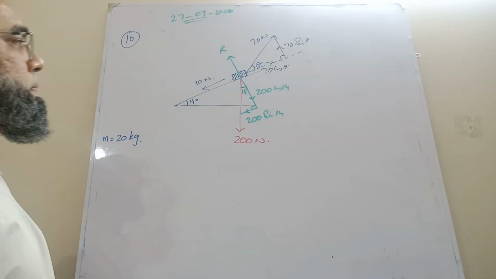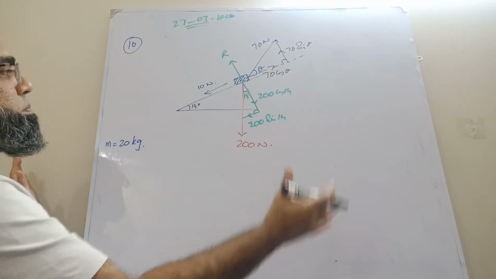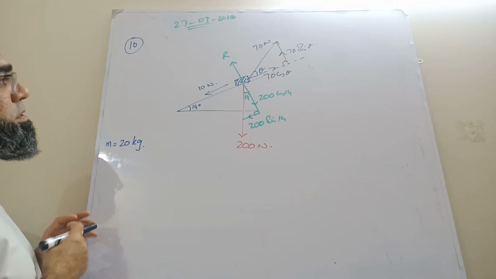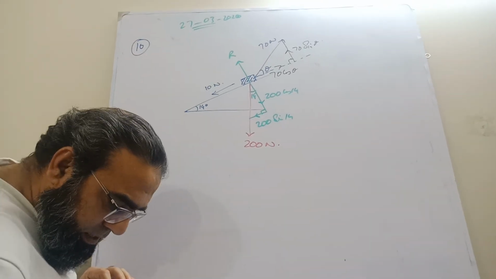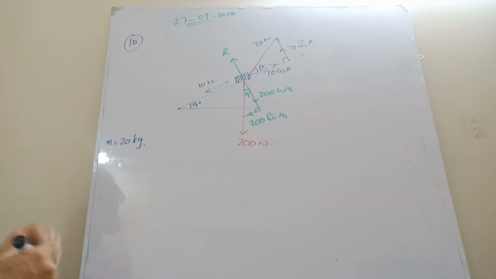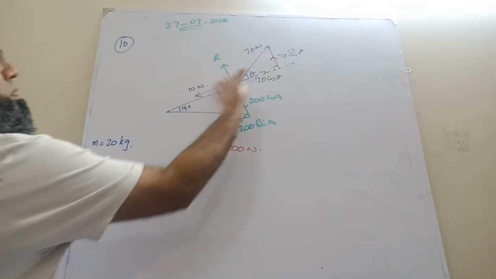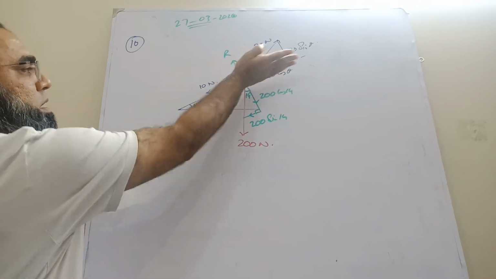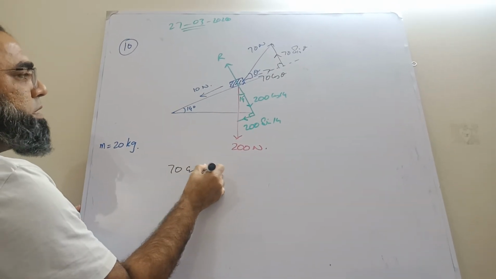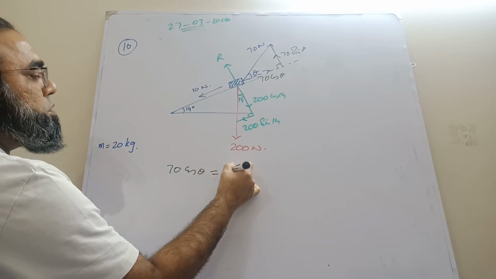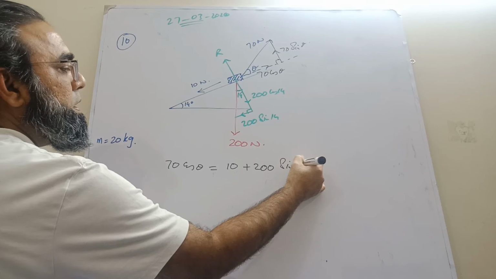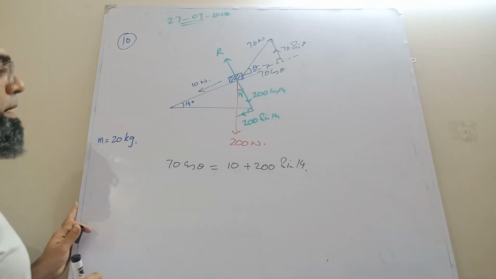Okay, so now using all these components, we have to find theta. Basically he has asked to find theta and the normal contact force. Now looking at the components parallel to the surface, I have 70 cos theta equal to 10 plus 200 sin 14.